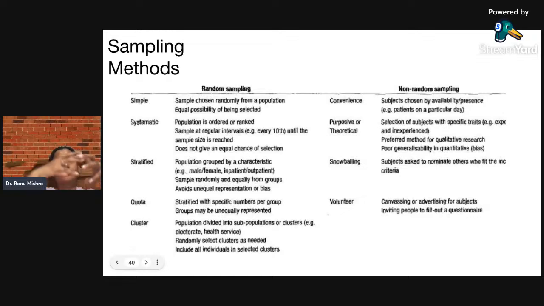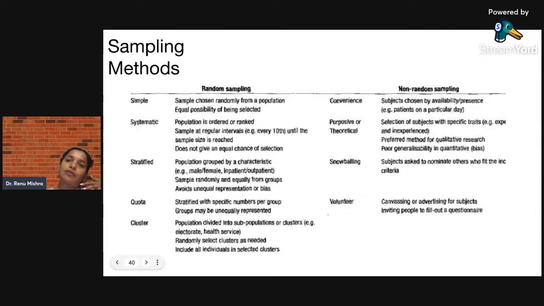Stratified is when you create groups on the basis of certain characteristics, like kids, males, females. Quota is when you have a certain number, like five people in a group. Cluster is when you divide the population, like somebody who is into government jobs, somebody who is into something else, so you're categorizing the population into subpopulations.